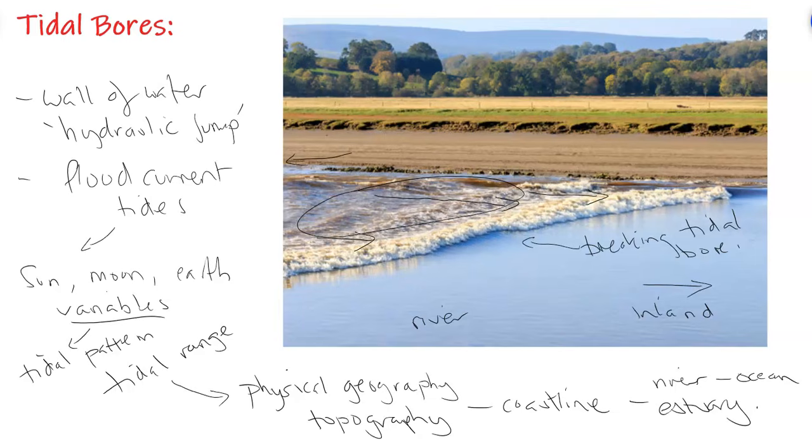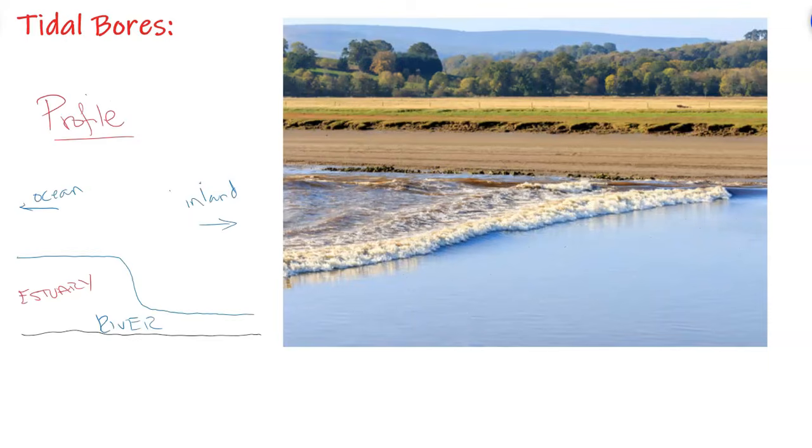So this direction over here would be the ocean, okay, and this would be the flood tide, the flood current. And this actual bore represents the leading edge of the flood current. So if we draw a profile of this tidal bore, you have this increase in height, basically the depth has increased.